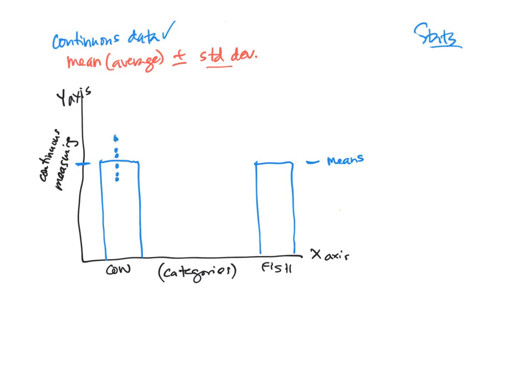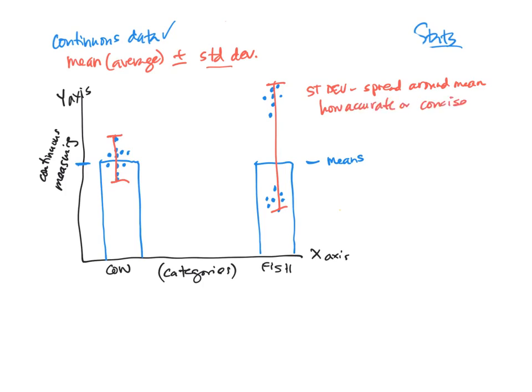Because if we had data that looked like this for the cows, and maybe data that looked like this for the fish, you can imagine that the standard deviations here would look very different. That is, the standard deviation or the spread around the mean really tells us something that the mean doesn't. It tells us sort of how accurate or concise the data that we're measuring is, how spread out it is.